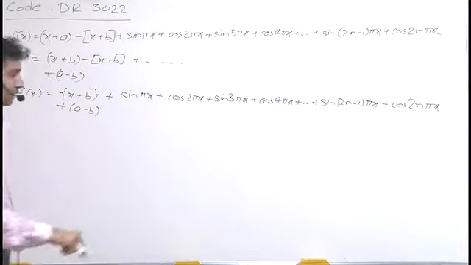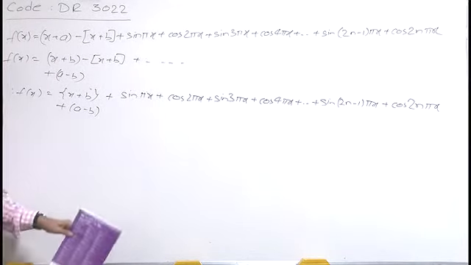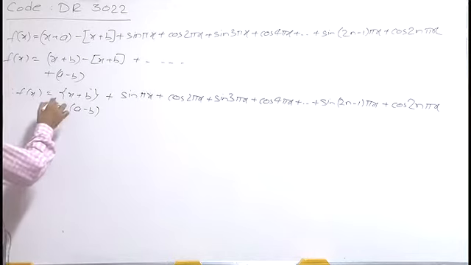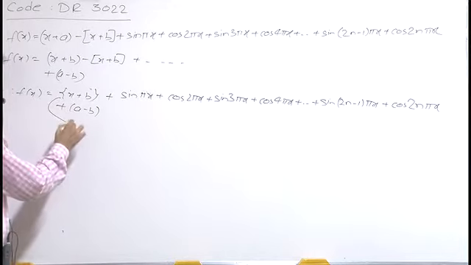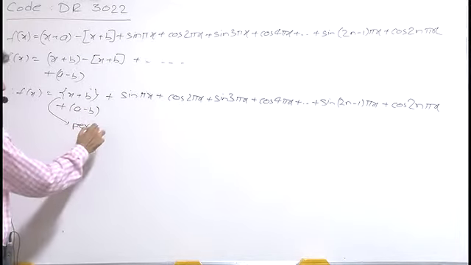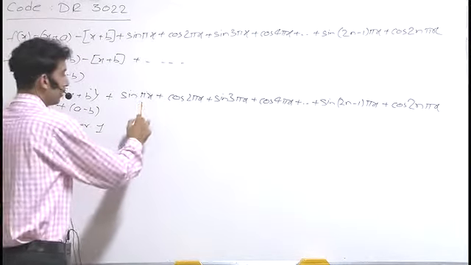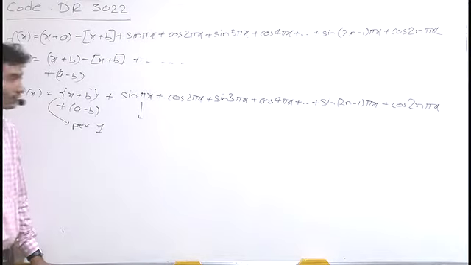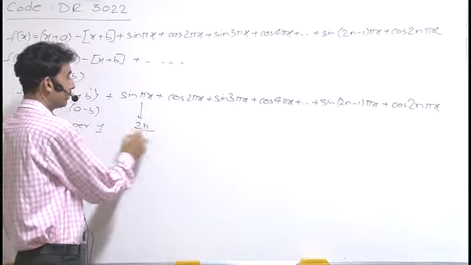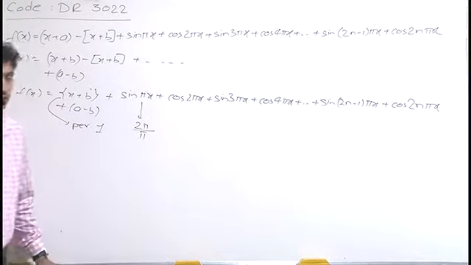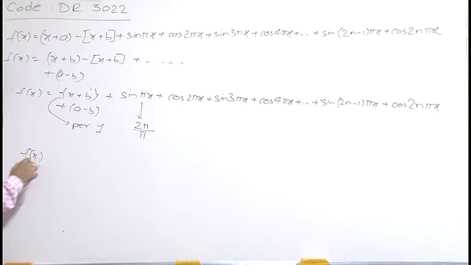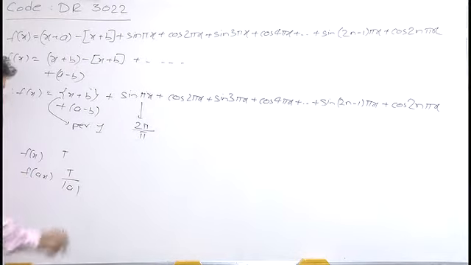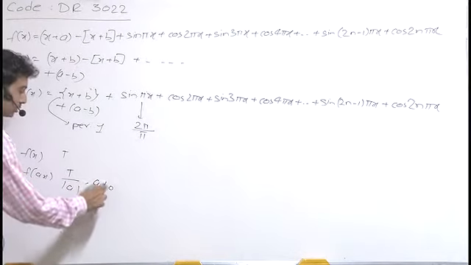Now we can see that every term in this step is a periodic function. Clearly the period of the fractional part is equal to 1. We know that the period of sin x is 2π, so the period of sin πx will be 2π/π. We know that if f(x) is a periodic function with fundamental period T, then f(ax) has period T/|a|, where a is not equal to 0.